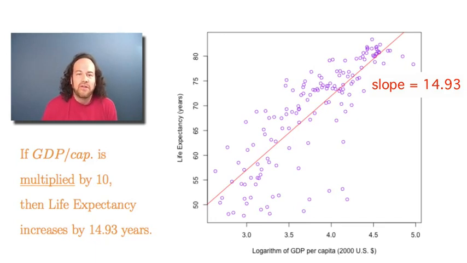Or the other way around, if the GDP per capita is divided by 10, then the life expectancy is decreased by about 14.93 years. Or for that matter, if the GDP per capita were multiplied by 100, then that's like multiplying by 10 and then multiplying by another 10. So the life expectancy would increase by about 14.93 plus 14.93 years.